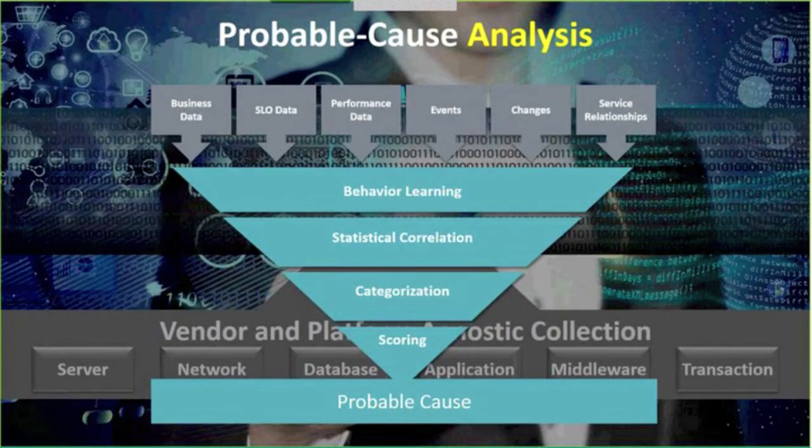We know now that applications are no longer just web server, database, users logging on. There can be a really complex set of data behind the scenes, and what TrueSight does is provide this ability to take a look at all of this disparate data and find the probable cause quickly.